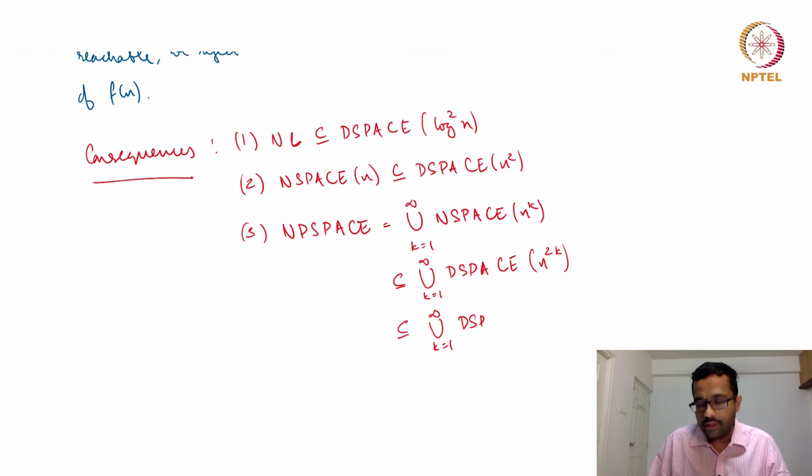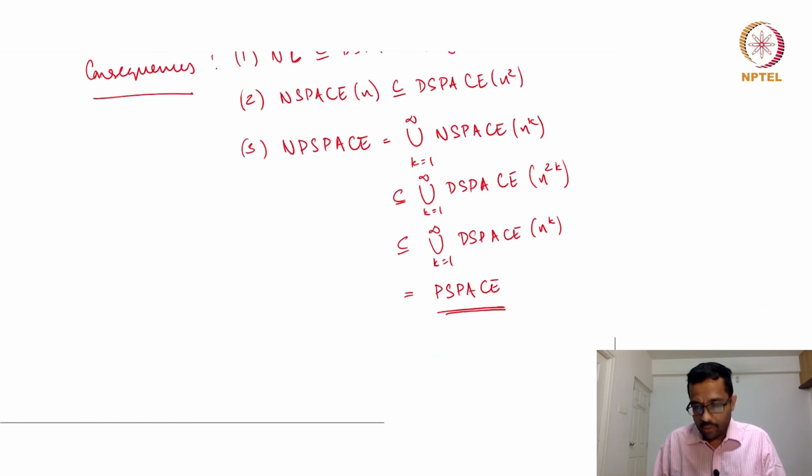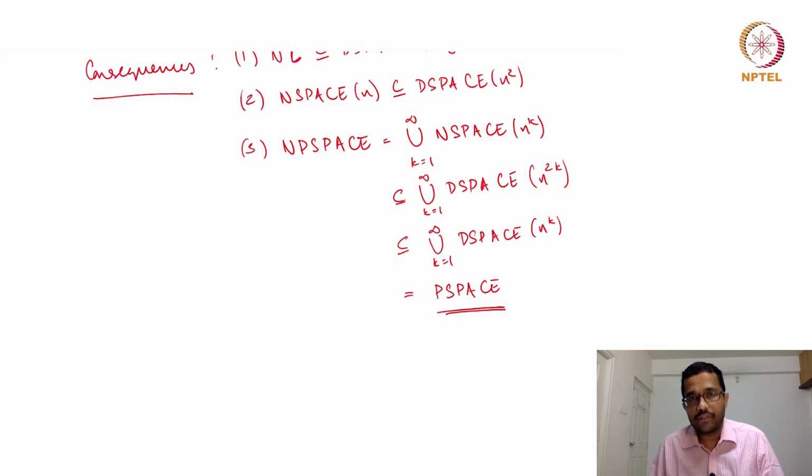We are just taking the union of all n squared, n power 4, n power 6 and so on, so we may as well take all integers, which also contains all of this. This I can call PSPACE, the space analog of the class P. So what we have shown is that non-deterministic polynomial space is contained in deterministic polynomial space.